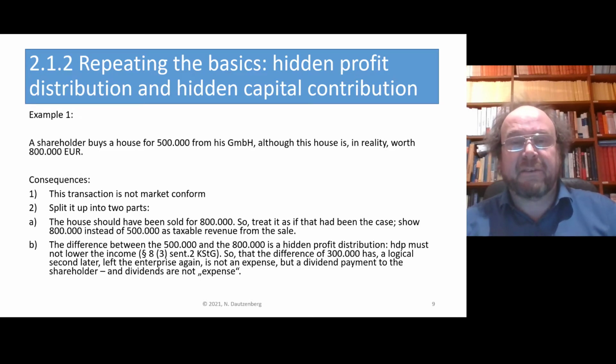But giving that 300,000 back to the shareholder is not an expense, but a kind of dividend payment. And so dividends are not expense. So that is the reason why the hidden profit distribution is said not to lower the income, because it's a dividend payment, not an expense.